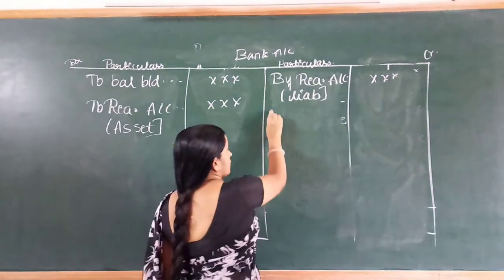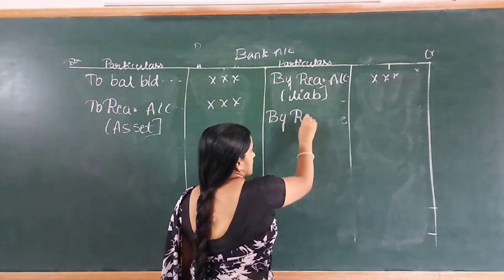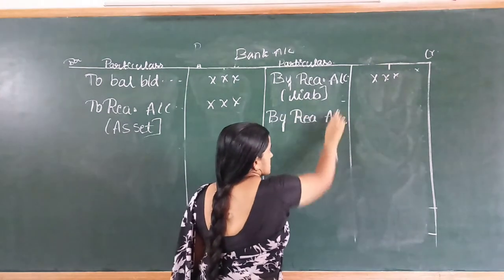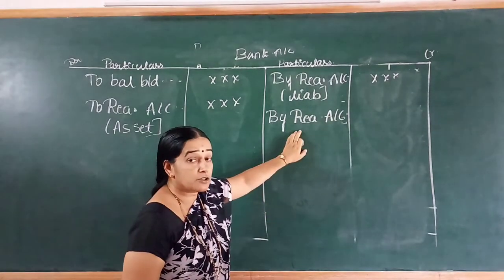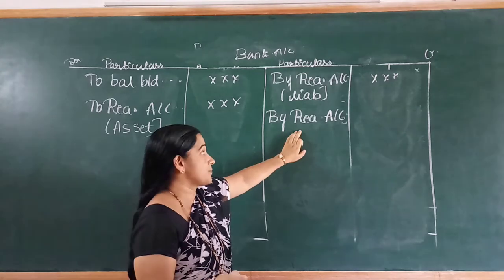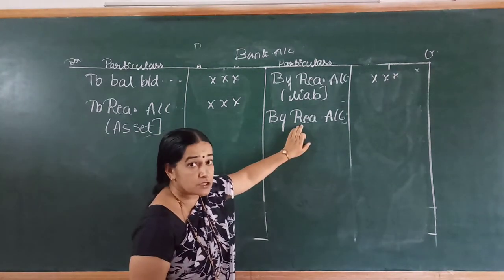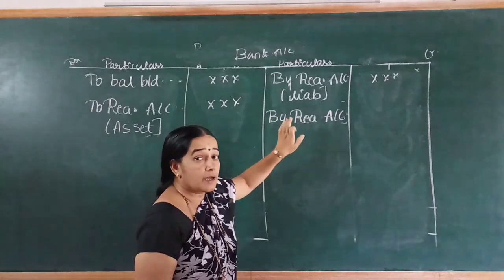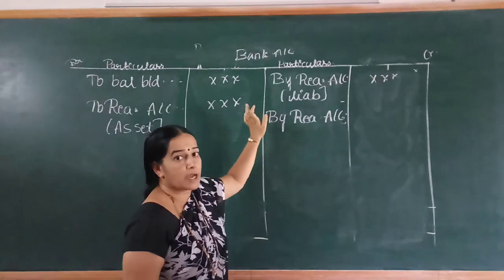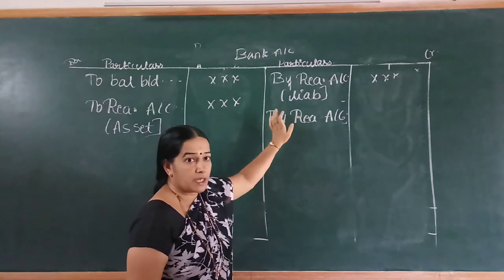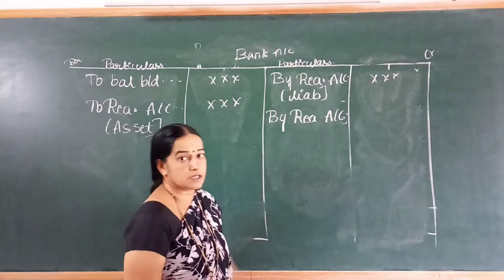So this is the second entry, for the payment of realization expenses. What is the journal entry for that? Realization account debit to bank account. So which balance does the bank show? Credit balance. So on the credit side we write, by realization account.